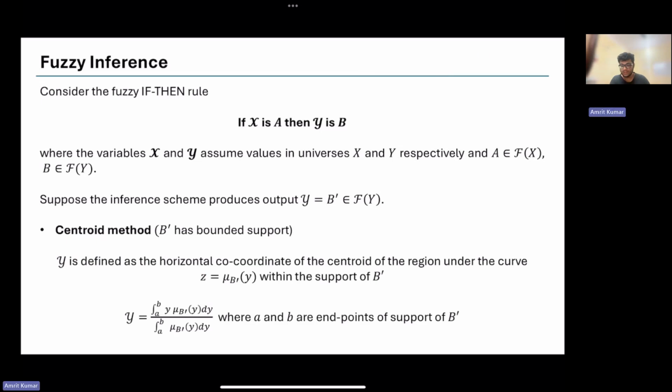Now, in the centroid method, your defuzzified value Y is defined as the horizontal coordinate of the centroid of the region under the curve Z equals the membership function of B dash within the support of B dash. Again, a mouthful, but let me explain.